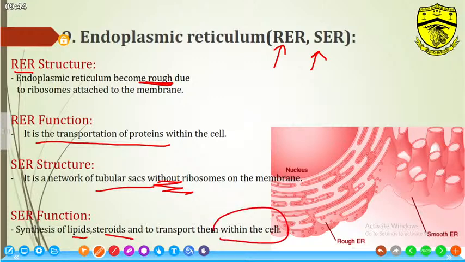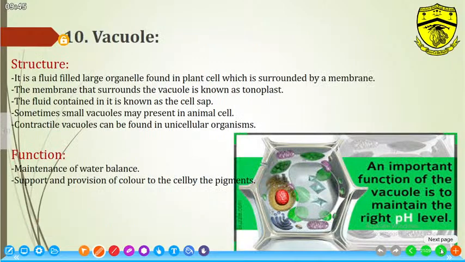So students, you must remember the structure and main function of the organelles. Okay, right.